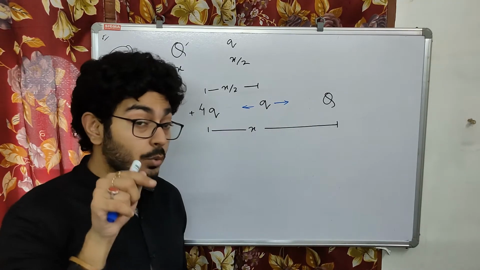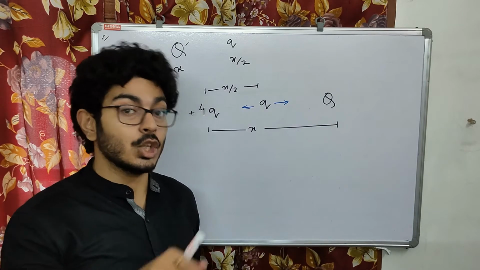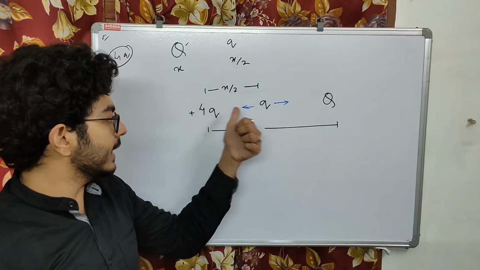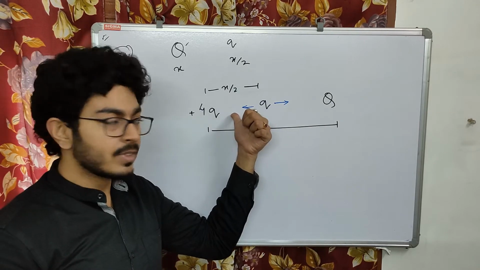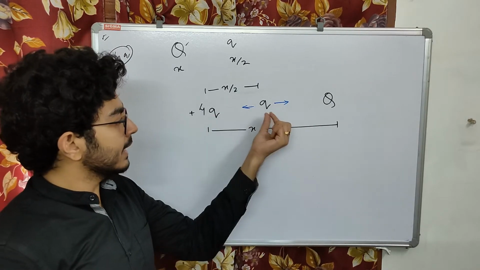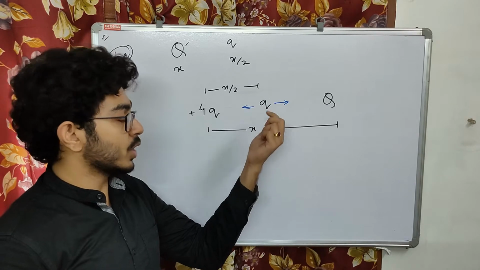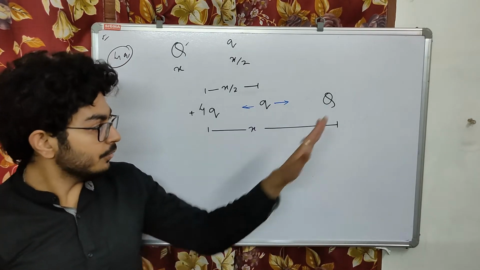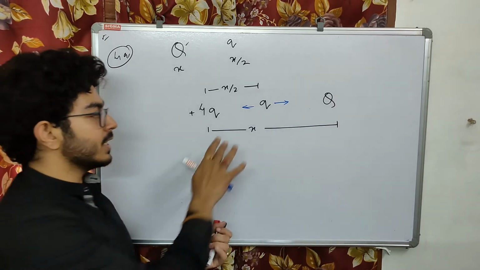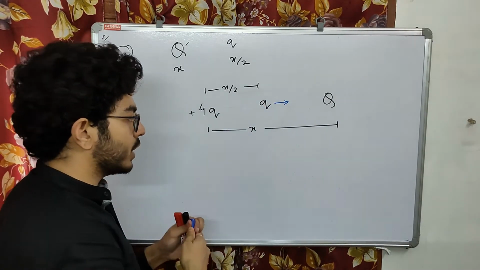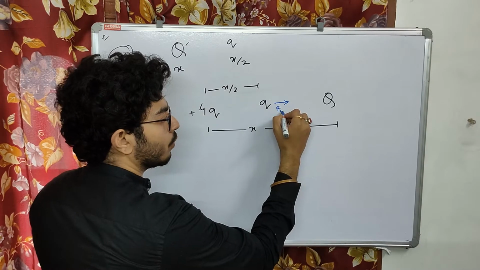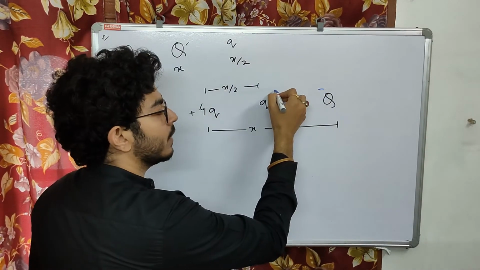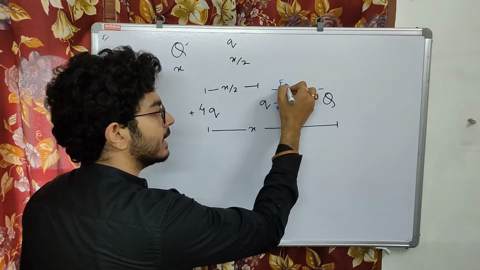See, the question asks what is the nature of charge capital Q. If this is positive, then only it can give a force on this side, so there is a possibility that the net force on this charge can be 0. If this had been negative, what would have been the scenario? This is the force due to 4q charge, and if Q had been negative, the force would act like this.